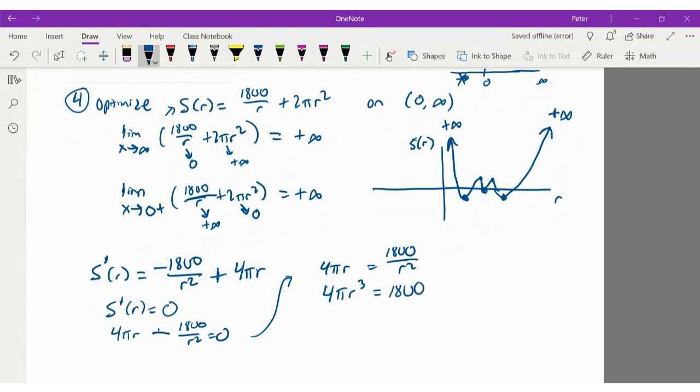Divide both sides by 4 pi. That's going to give us r cubed equals 450 over pi. So r is going to equal the cube root of 450 over pi, which is approximately equal to 5.23.